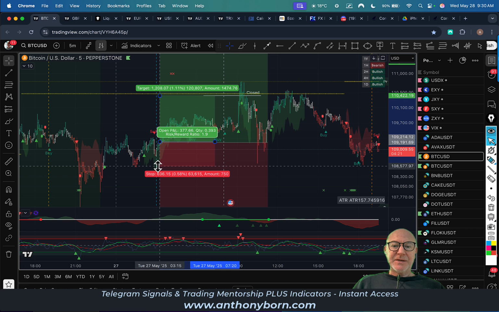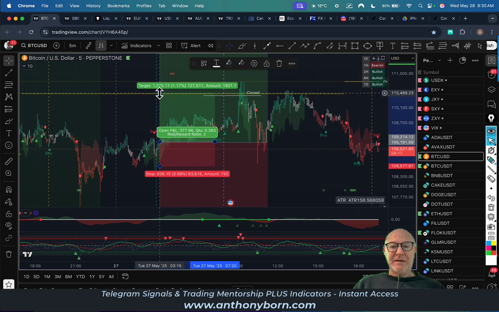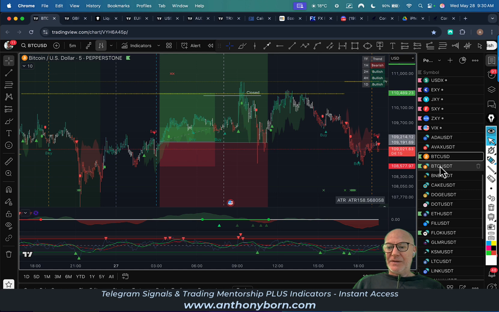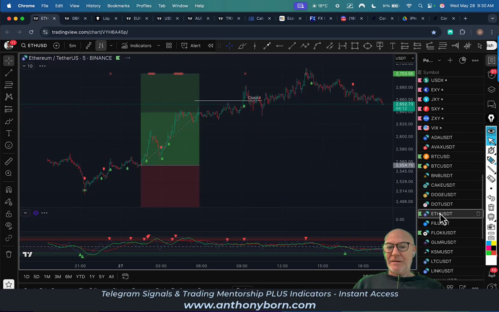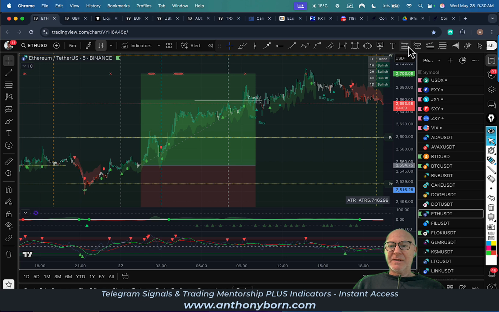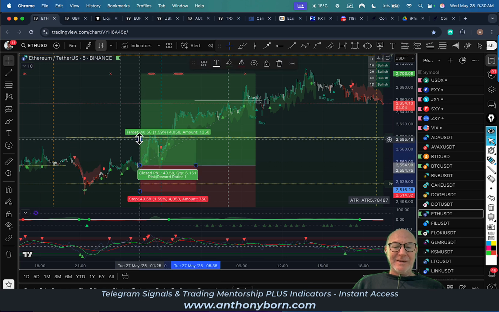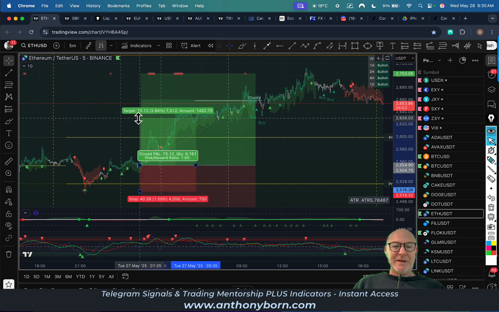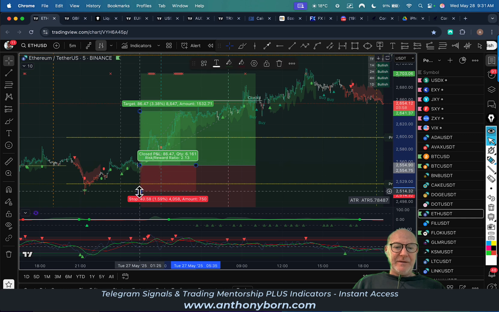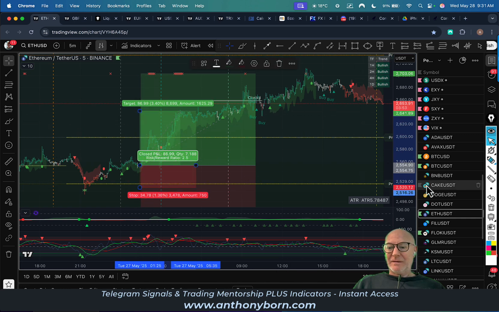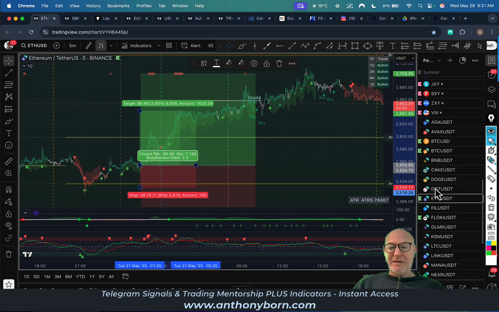Well, we're close to 2R on this one. You could set that at a 2R target if you like. So there's 2R achieved. Ethereum, look at this, guys, tight stops. I don't go too tight with my stops. I give it a bit of room to breathe. But if you were to run with that, that's 4R achieved with these very same trades.